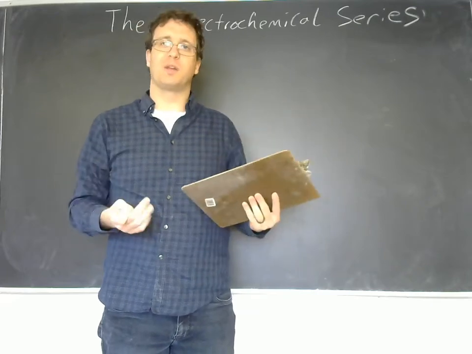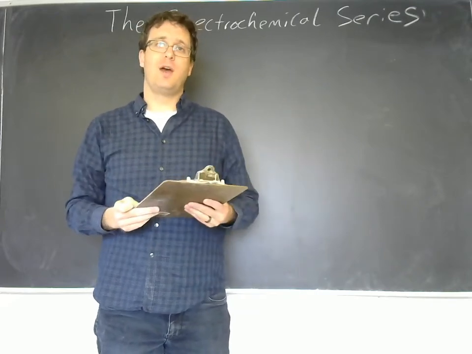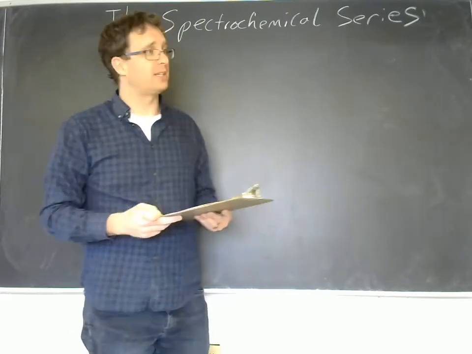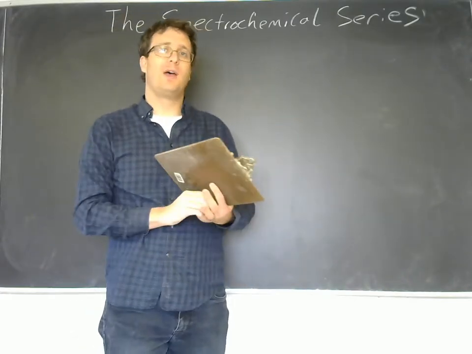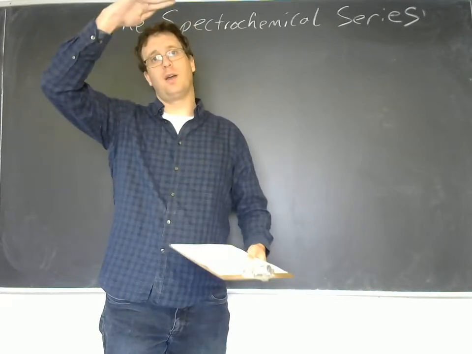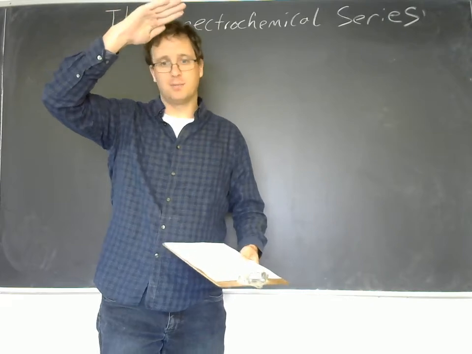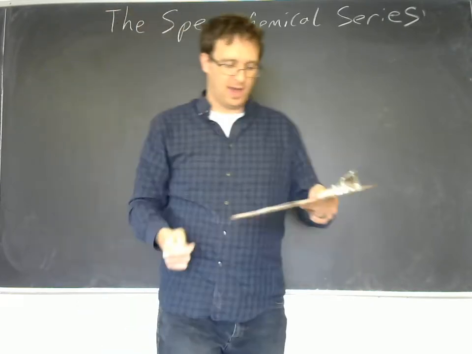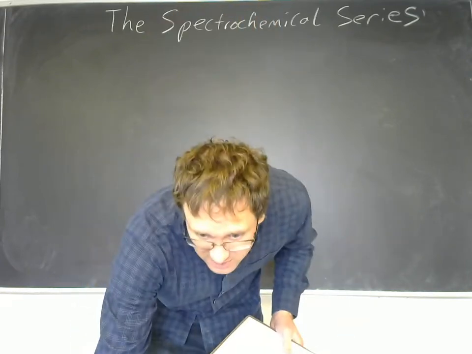How do we know the magnitude of the crystal field splitting energy? And the answer is it depends on the ligands themselves. So some ligands are going to cause wider energy splittings, and some ligands are going to cause smaller energy splittings. And so it all has to do with the ligands themselves.